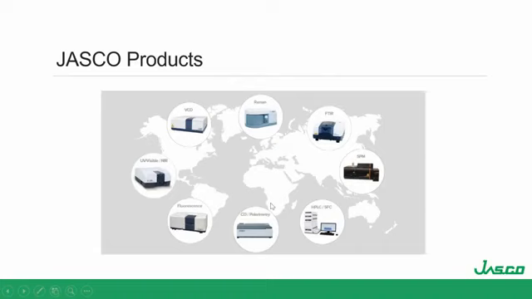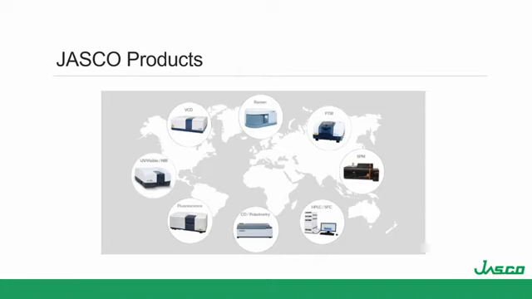So here are some of the products, of all the instruments that Jasco has to offer. We have CD polarimetry, fluorescence, UV-Vis near IR, vibrational circular dichroism, confocal Raman, FTIR and FTIR microscopy, SPM, and then finally HPLC and SFC for the chromatographic line.